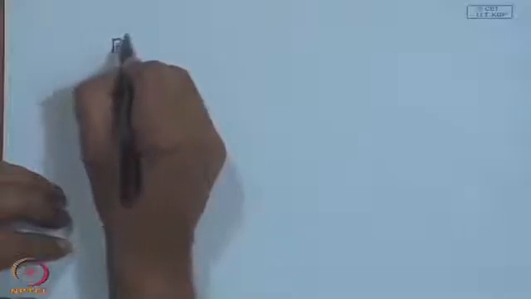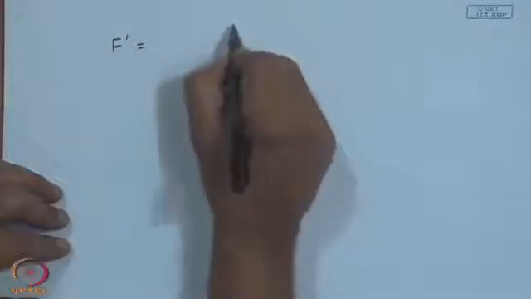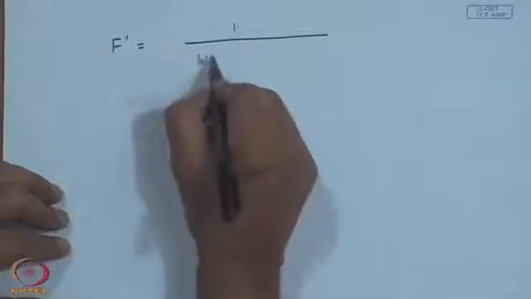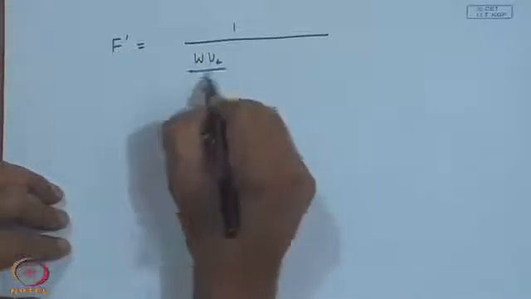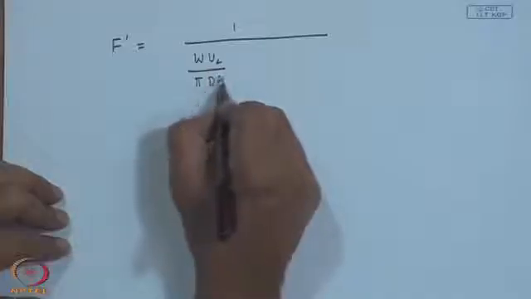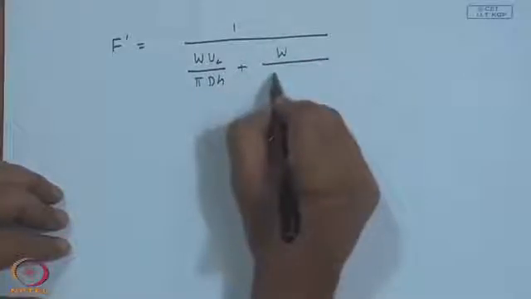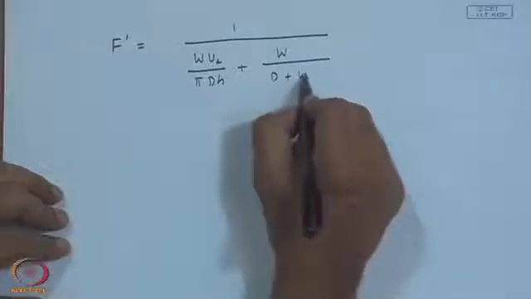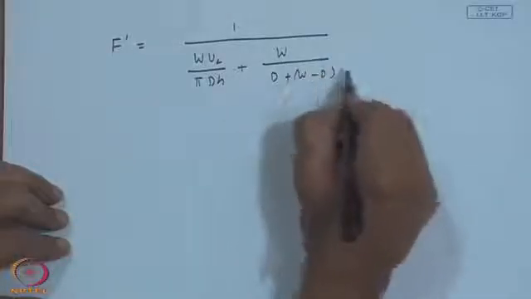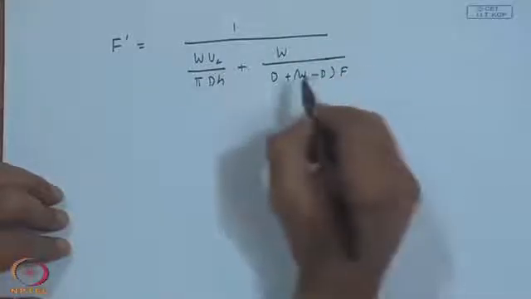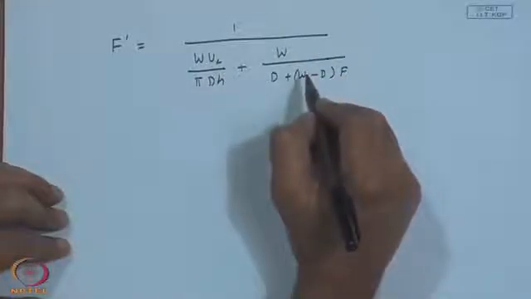You have the collector efficiency factor, again slightly differing because of the differing arrangement of the tube and the fins: W U L by pi d h plus W upon d plus W minus d times F. You will notice that the bond conductance does not come into the picture here.